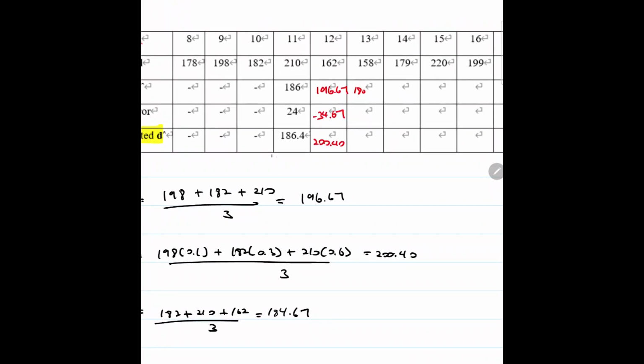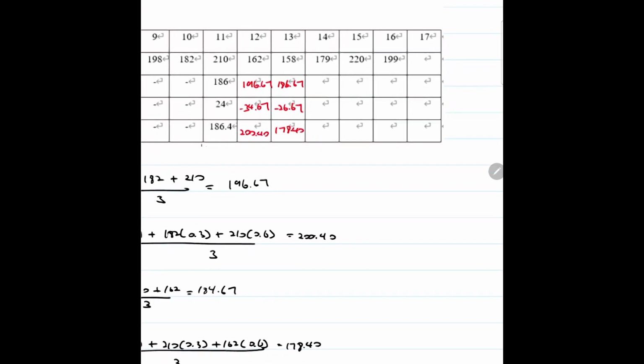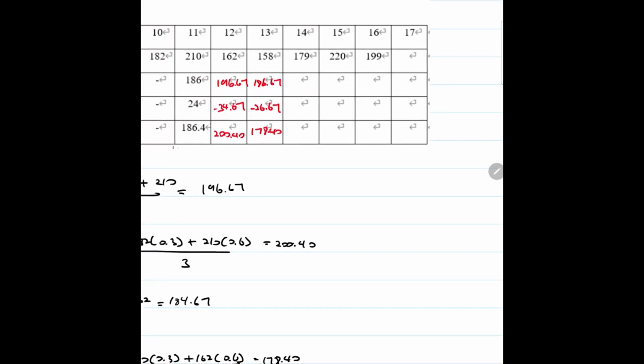This 186.67. And we also overestimated, so difference is 26.27. Okay, let's go ahead and fill out rest of the columns.